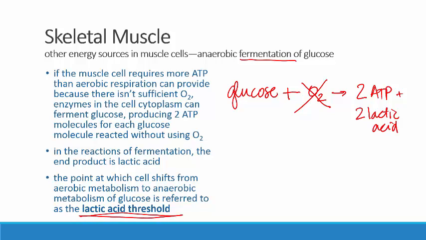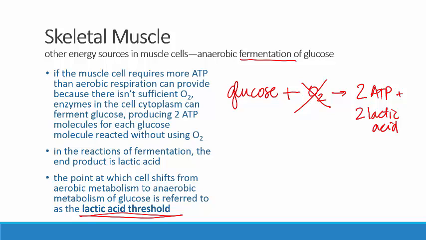So that's that point when we run out of oxygen in the cell. Now there's still oxygen in the blood, and we're trying desperately to get oxygen to the cell. And as oxygen arrives, we're going to do a little bit of aerobic respiration when it gets there, but we're still not meeting all of the ATP requirements.